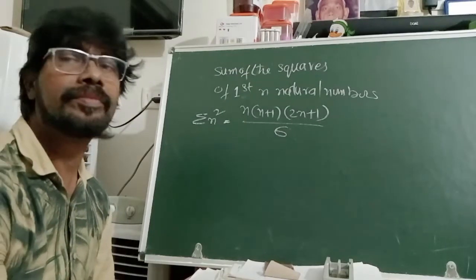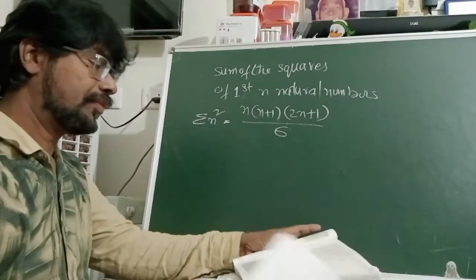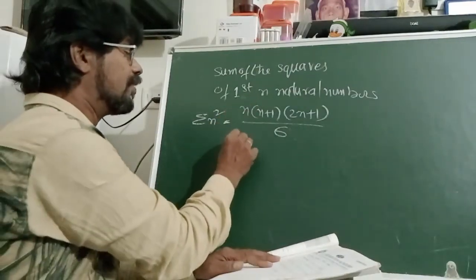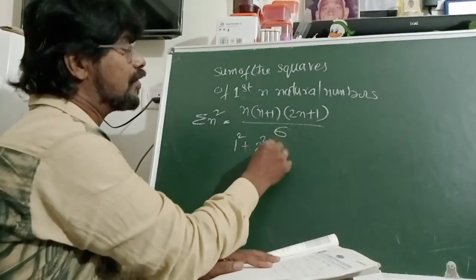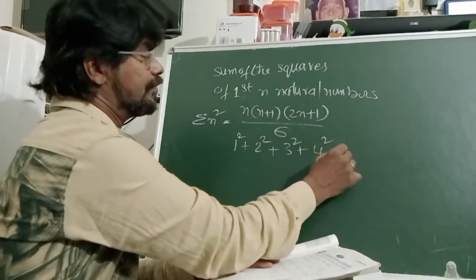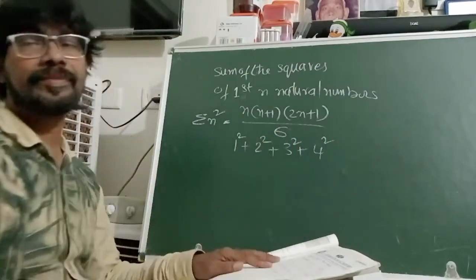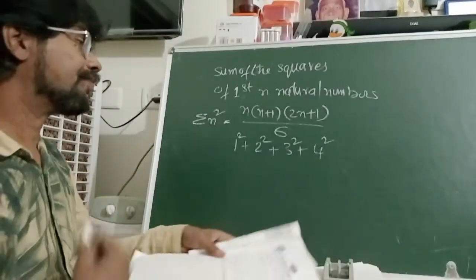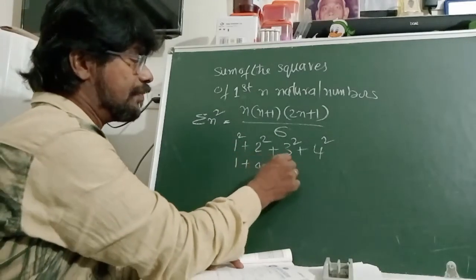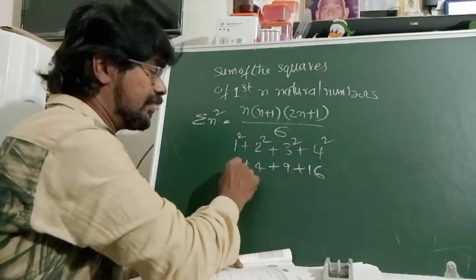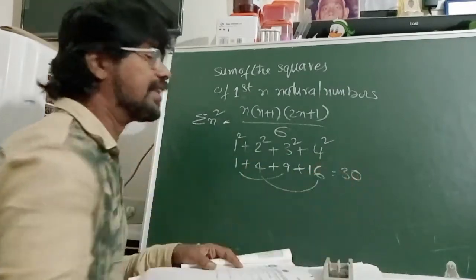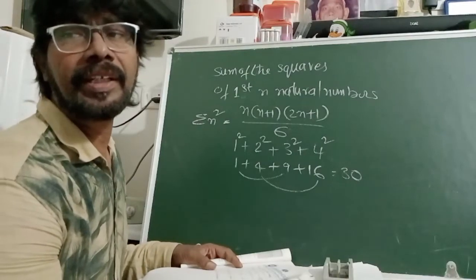Now we will go for the next. For example, 1 square, 2 square, 3 square, 4 square is given. What is the sum? 1 plus 4 plus 9 plus 16 is 30.